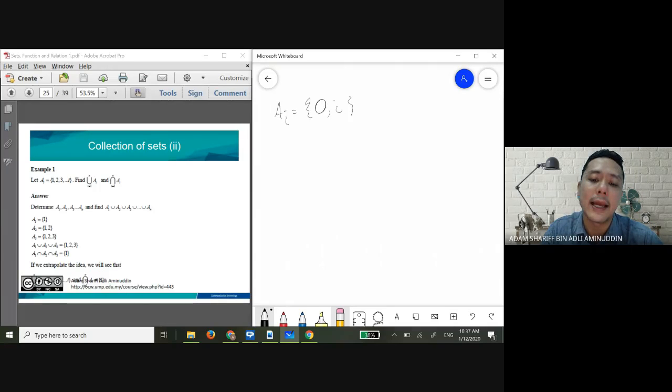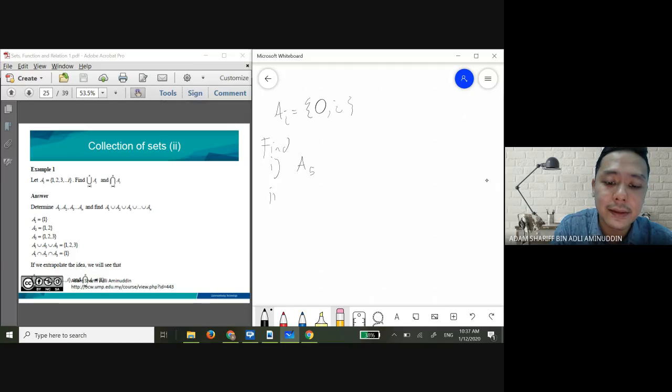Selalunya soalan dia akan find, okay, saya buat anak soalan, A5. Lepas tu saya suruh cari union. Last kali mesti saya habiskan soalan ni juga. Contoh. Ai, i equals to 1 and ends at n. Okay, 2 questions and this becomes the major one.